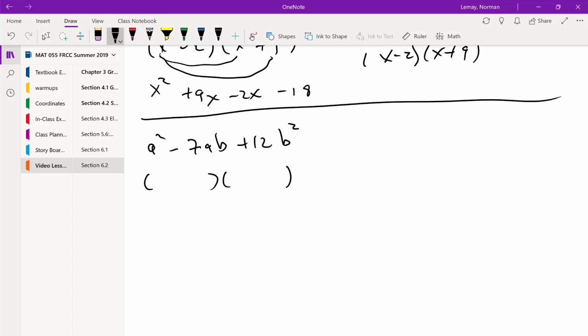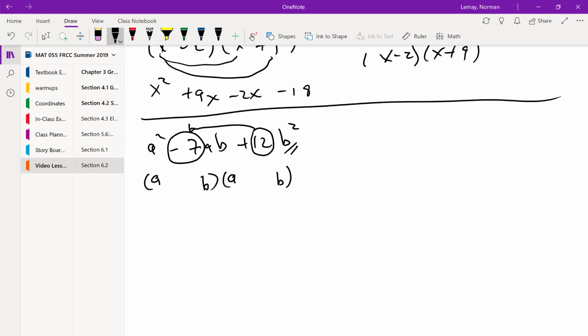So notice that for the a, I'm just going to put an a here and an a here, but notice I've got this b squared. So why don't we just go ahead and throw in a b here. So now the question becomes, what are the factors of 12 that add up to -7?